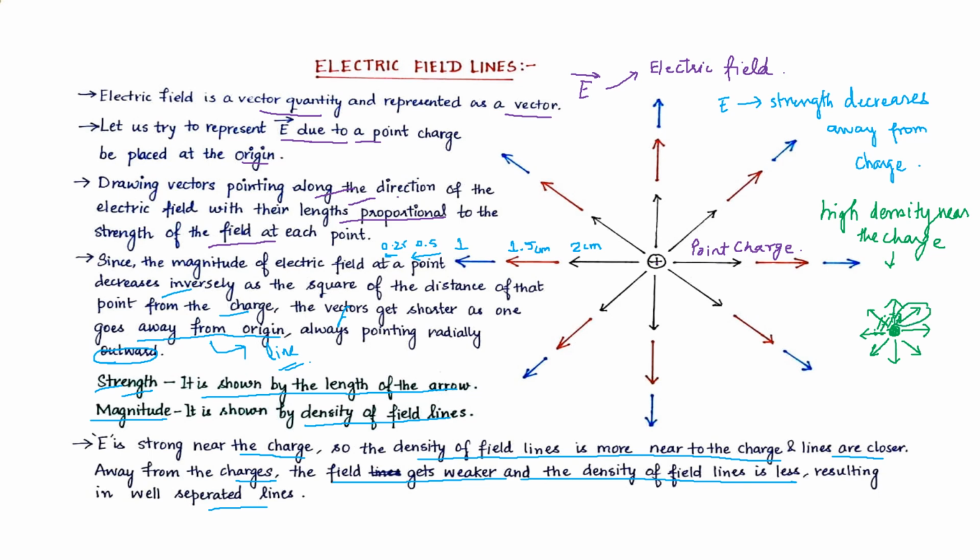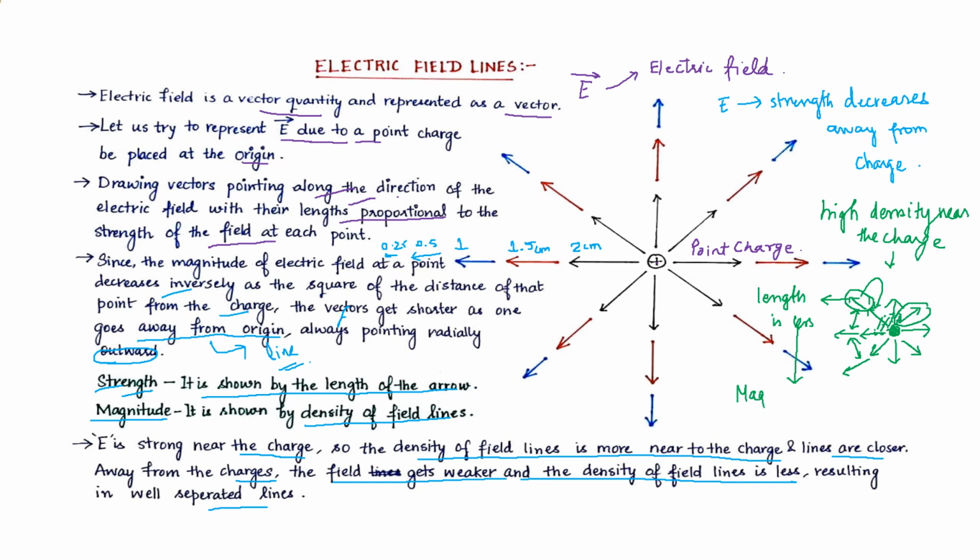Now if we go to the second circle, this is a smaller length, this is a smaller length, and see how far apart these two lines are. So here the density is decreasing and hence the strength is decreasing, and the length of this arrow is less when compared to this arrow, and hence we can conclude that the magnitude of the electric field is reducing.